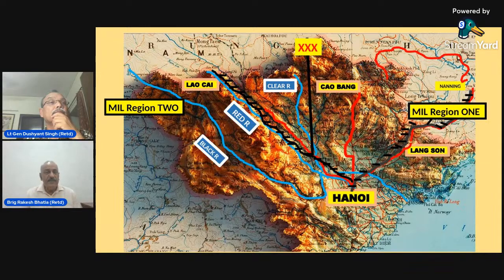This is the terrain map of Vietnam. Along the Red River was the distinction; the entire northern area was divided into two military regions. One was military region 1 on the east, and to the west was military region 2.